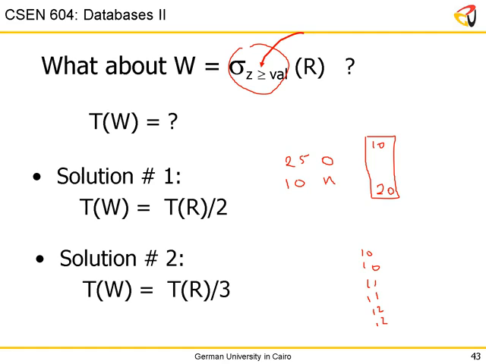If your val is 25, your result set size is 0, because there is nothing greater than or equal to 25. If your val is 10, your result set is n. Obviously, you could put values in the middle here. On average, it's going to be half.